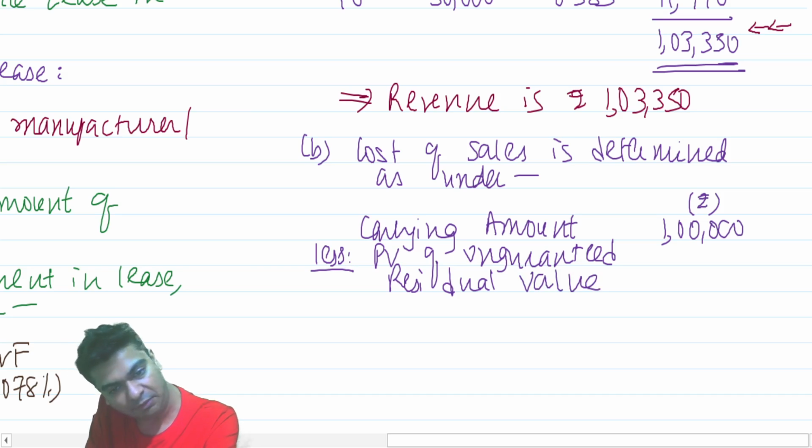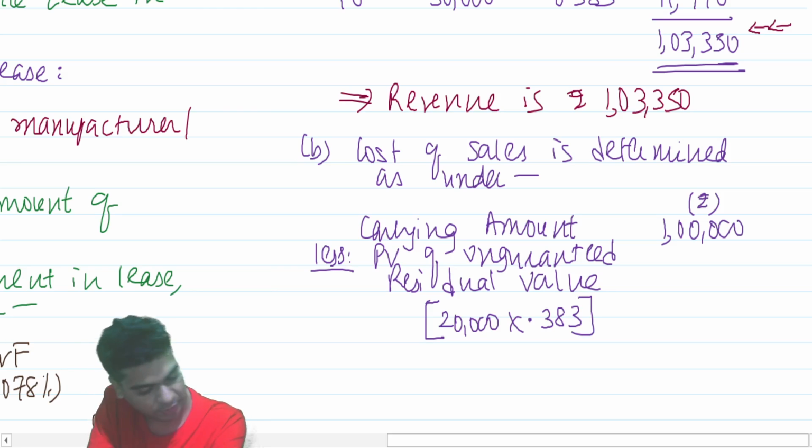Unguaranteed residual value is 20,000. Present value factor is 0.383.